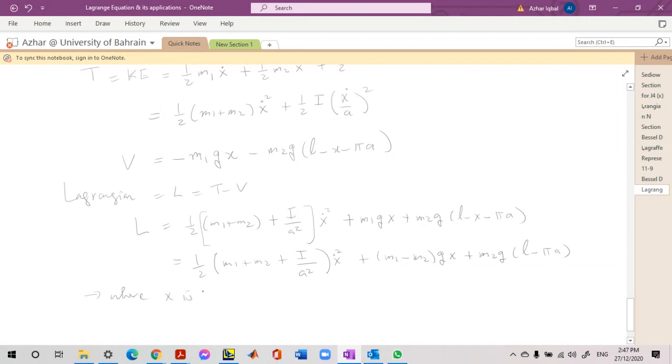Where x is the single generalized coordinate of the system.